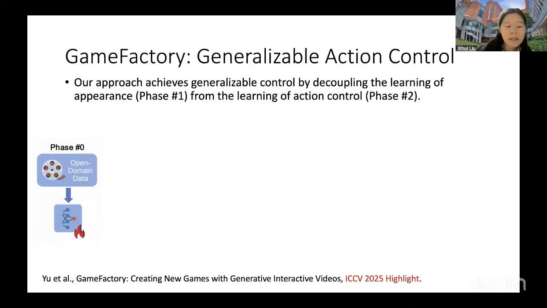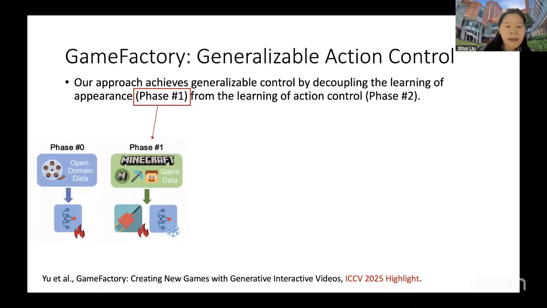Basically, we take the pre-trained model on open domain, and then in phase one, we use the Minecraft data and train a LoRA on top of the pre-trained video generation model to fit the style information of Minecraft. So phase one is using these extra LoRA parameters to fit the style information of Minecraft.